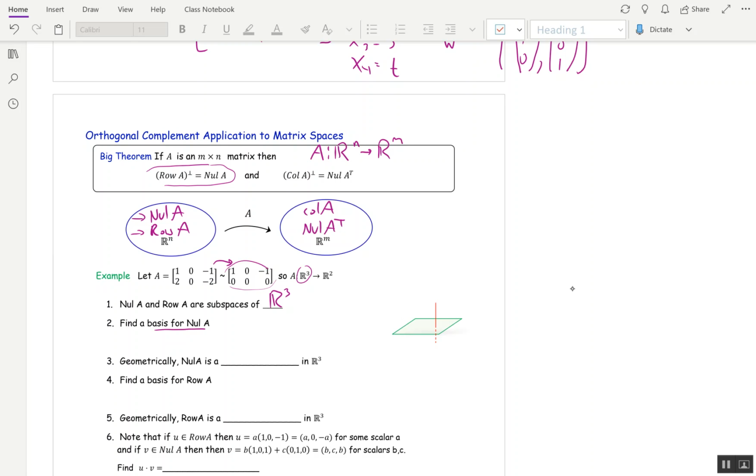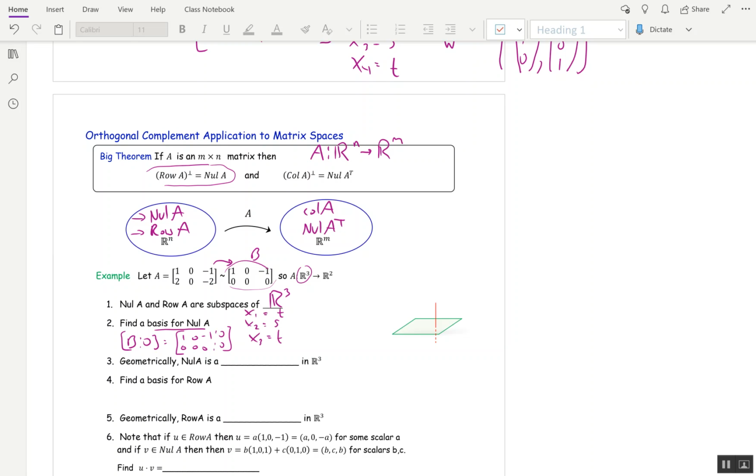So here's our reduced matrix B. B augmented with 0 is the matrix 1, 0, negative 1, 0, 0, 0, 0, 0. So x3 is free. x2 is also free, I'll call that s, and x1 is t.